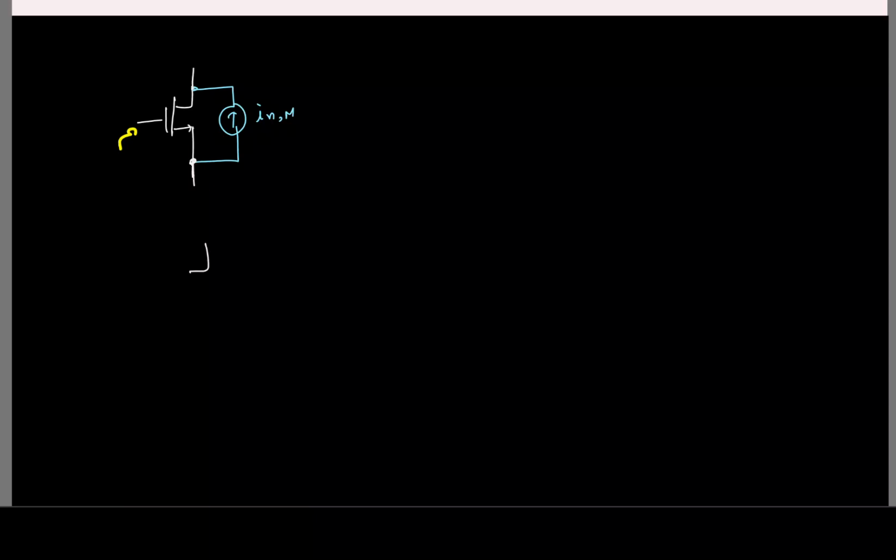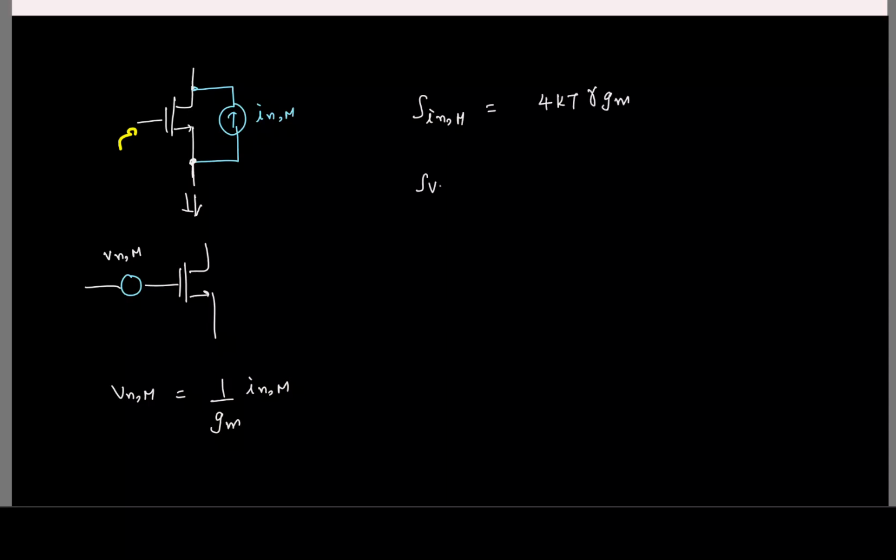Okay. So instead of the noise being modeled at the output, I can say I have something like this. And what do you think the relation is between VNM and INM? It should be related by the transconductance. Okay, so basically this times. Now I know for a fact the power spectral density of the current is 4 kT gamma gm. So what is the power spectral density of the voltage? 4 kT gamma by gm.